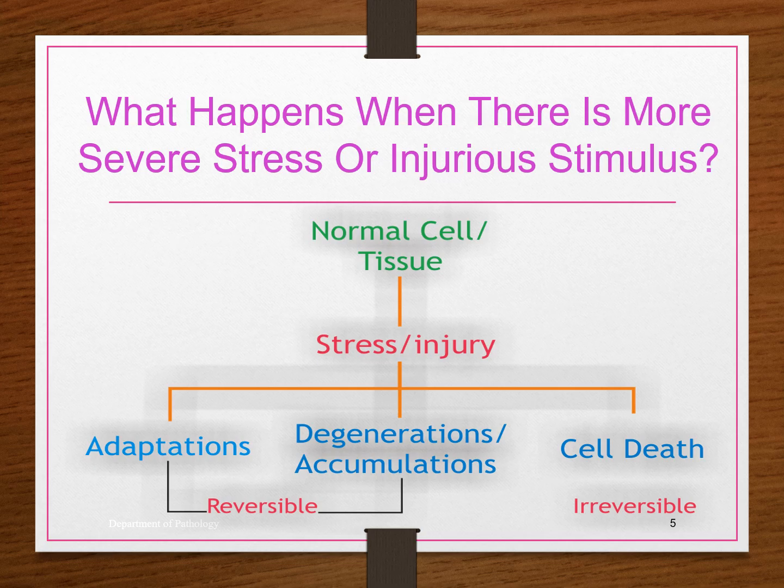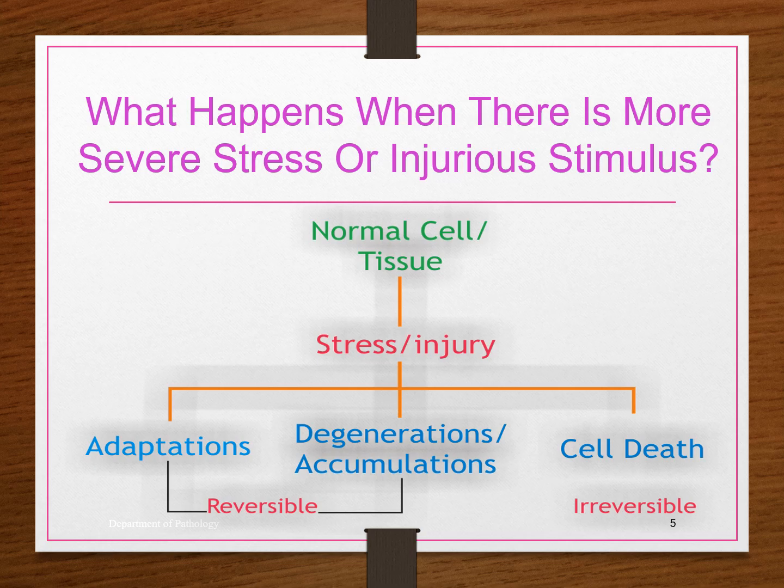What happens when there is more severe stress or injurious stimulus? When a normal cell or a tissue is exposed to a stress or injury, which is a stimulus, then the body cells and tissues will respond in two ways.